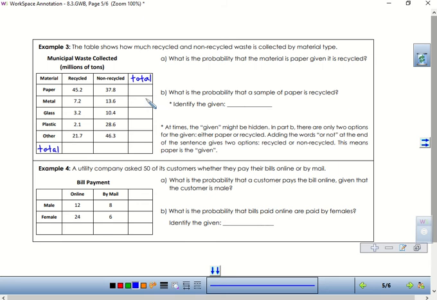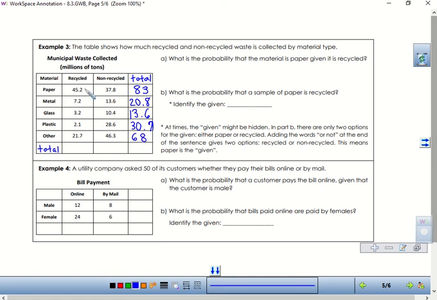We add up the recycled paper and the non-recycled paper, and that gives me 83. We add up the recycled and non-recycled metal, which gives me 20.8. The recycled and non-recycled glass is 13.6. Plastic is 30.7. And then other, so materials that don't fall in that category, is 68.